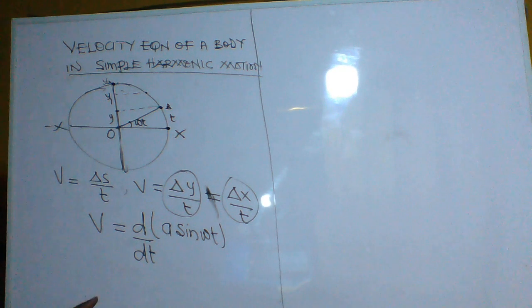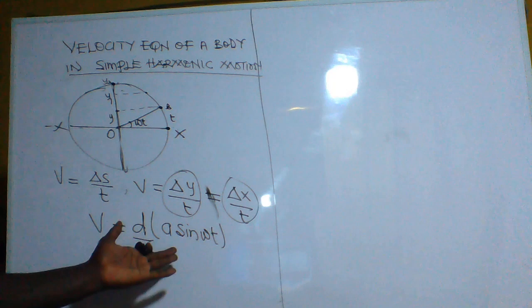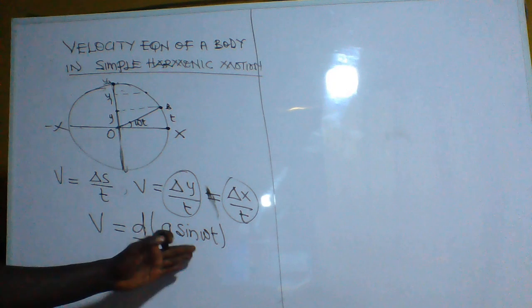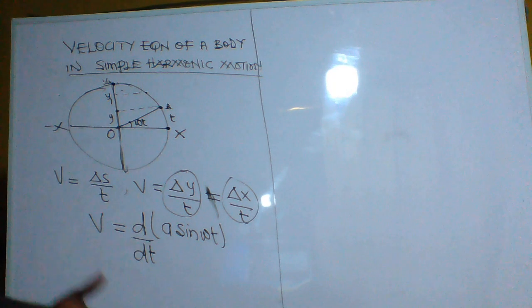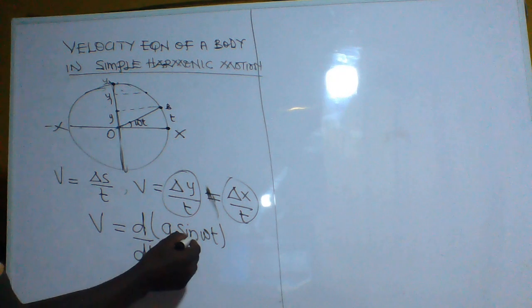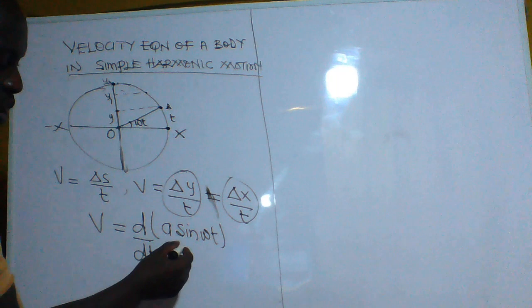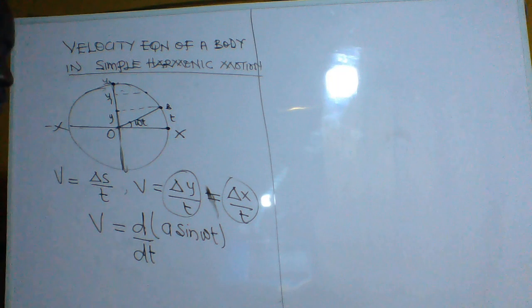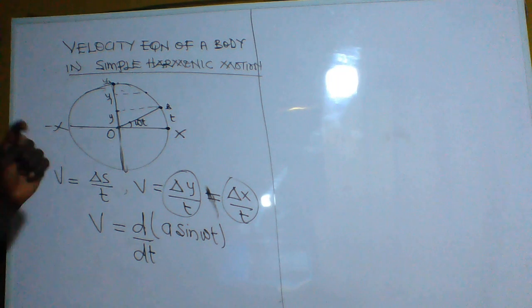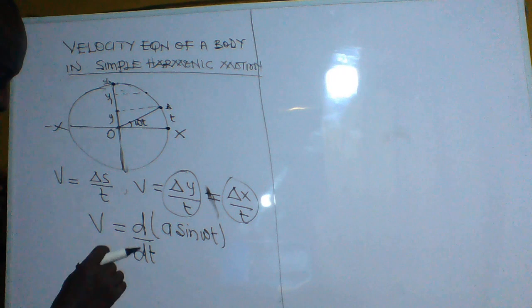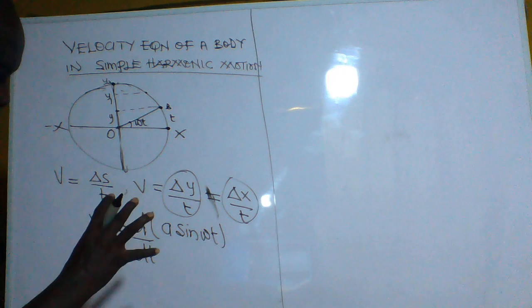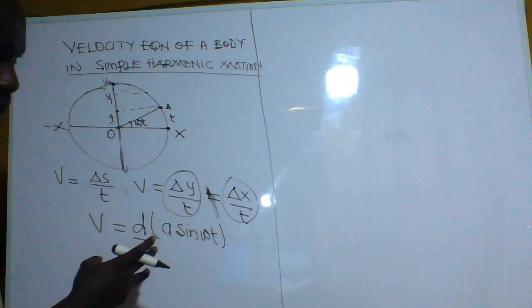So for us to get the velocity function, we need to look at how the displacement function changes with time. Here we are differentiating this with respect to time. But a quick reminder on derivatives, because this is a trig function.